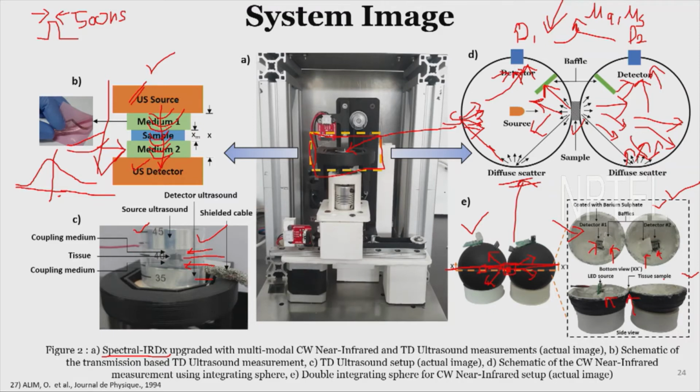Barium sulfate has the property to reflect 98% of the near infrared light which is incident on that particular surface. And as the name suggests, it is an integrating sphere, so it integrates the light which gets scattered from the tissue from all the sides, and it gets detected by the detector.